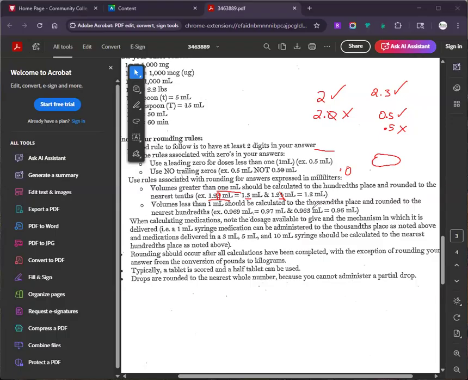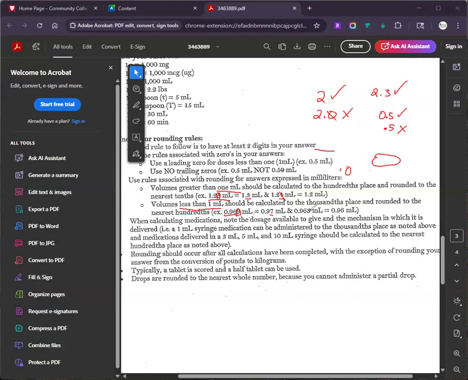Okay. If you have a volume less than 1, meaning it's 0 point something, then again, we still want to follow the 2 significant figures. So let's say I have something like 0.969. I'm going to again look at the number to the right, but this time to the right of the hundredths place. So if that number is 5 or greater, then we're going to round it up.